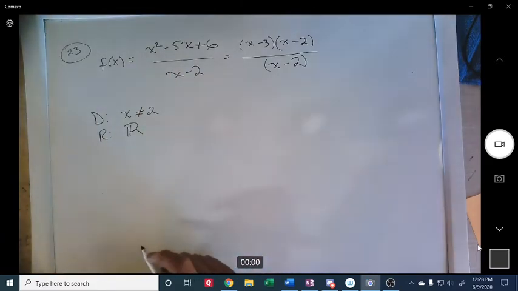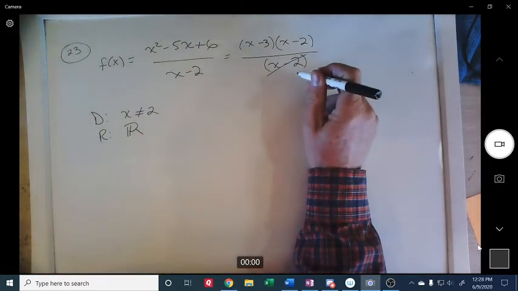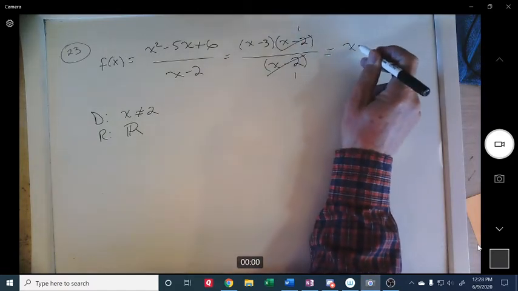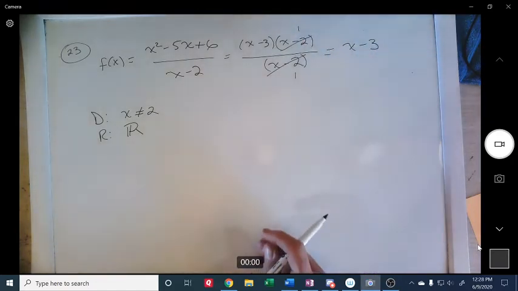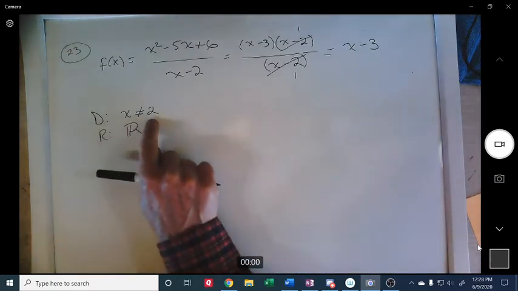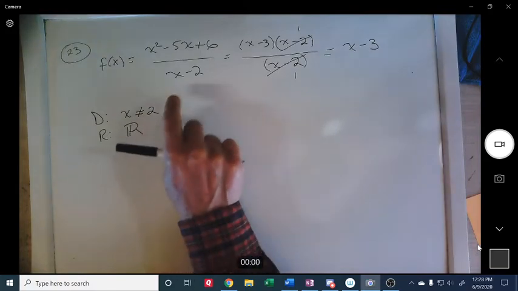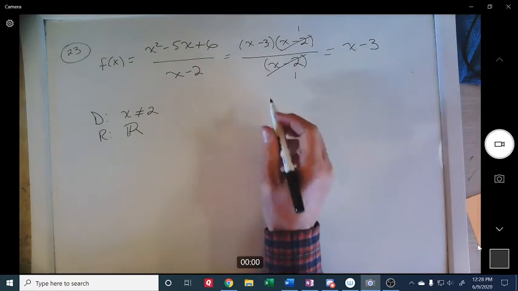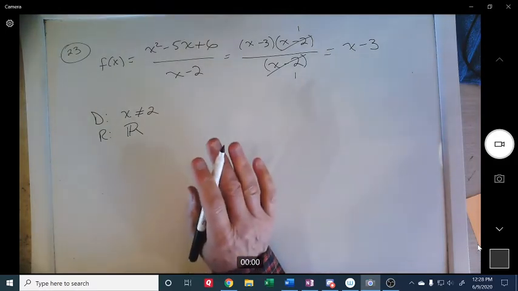But in this particular case, because of this cancellation, the domain is still x cannot be 2. That's still the case, because we would wind up getting 0 over 0, but 0 divided by 0 is an illegal fraction as well.